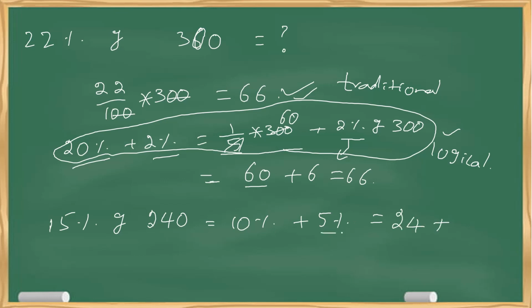How to find 5 percentage? When you know 10 percentage, how to find 5 percentage? Half of it. What is half of 24? 12. So that is equal to 36. Are you able to understand here? So this is the way you solve many problems without using pen and paper on the screen very easily.